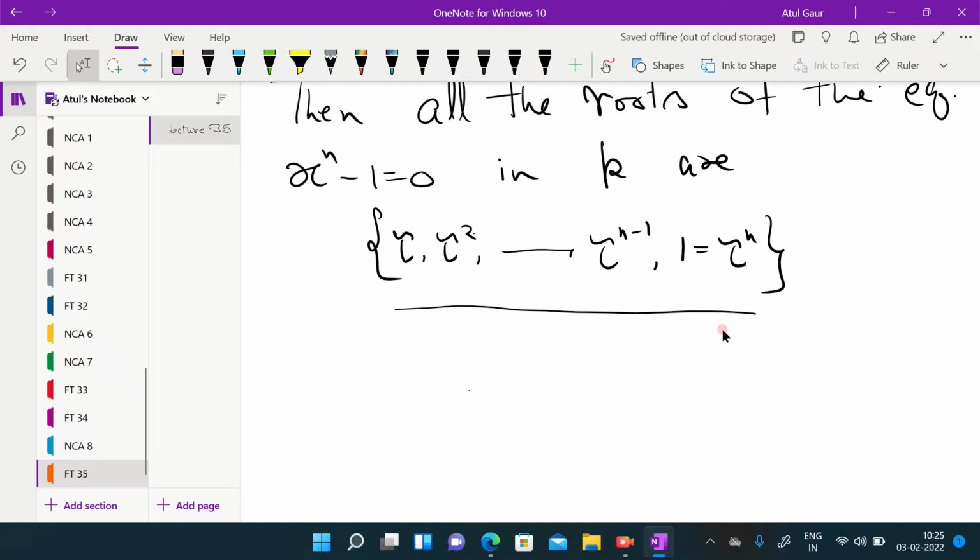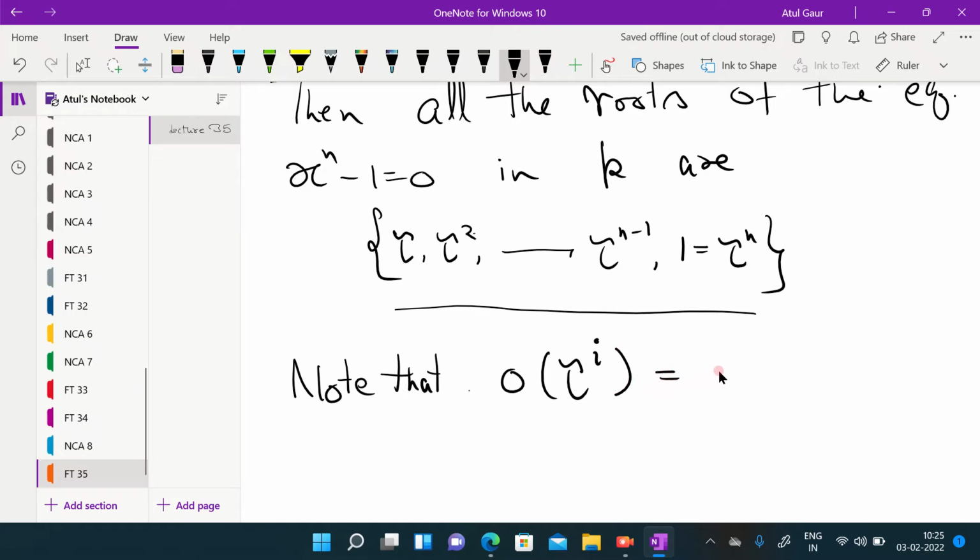Now among these roots I am interested in primitive nth root of unities. Is that fine? So I think you may be aware, for what i is the order of tau power i equal to n?